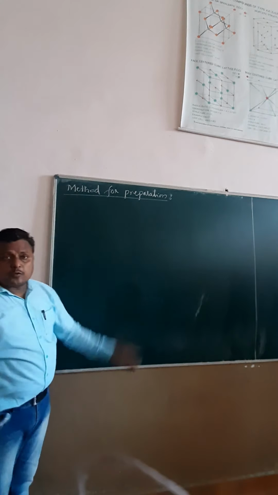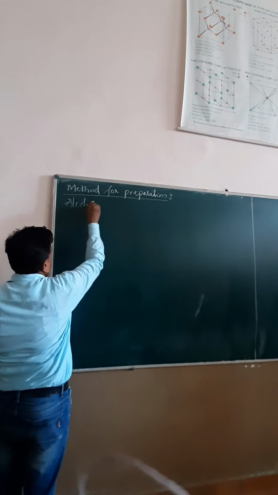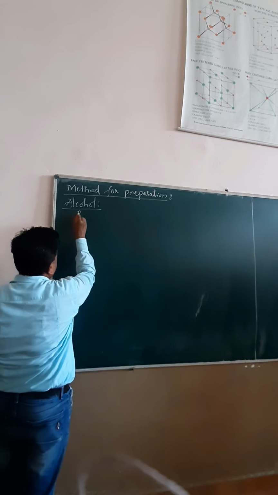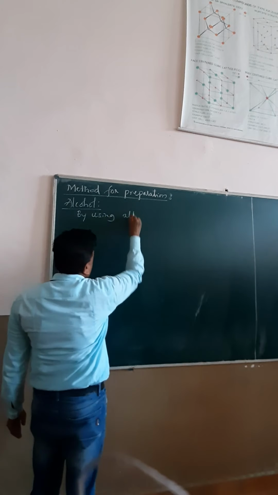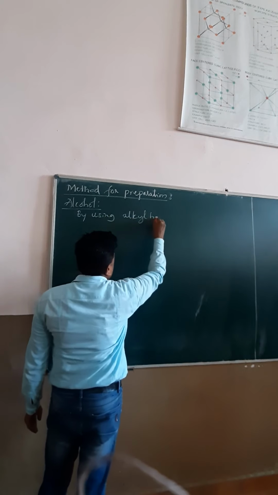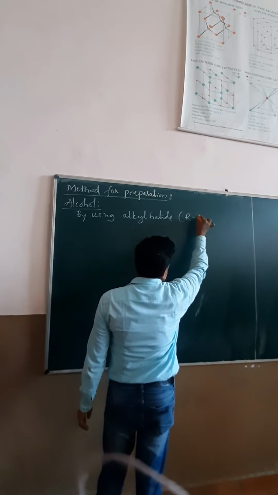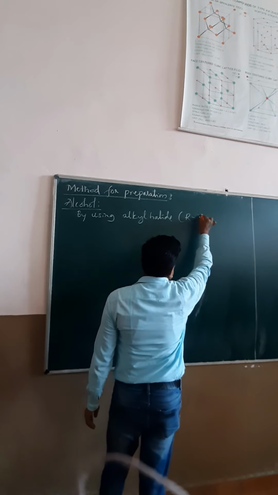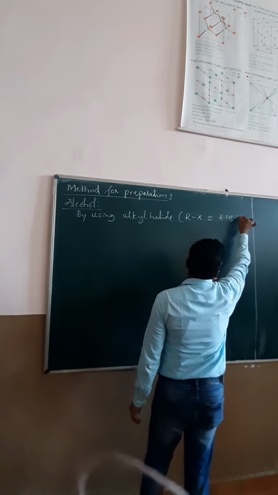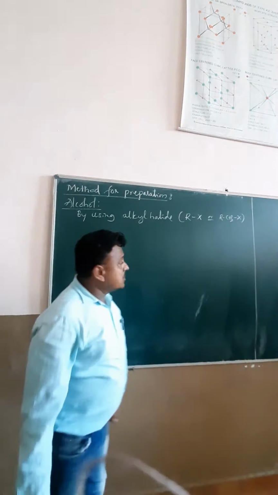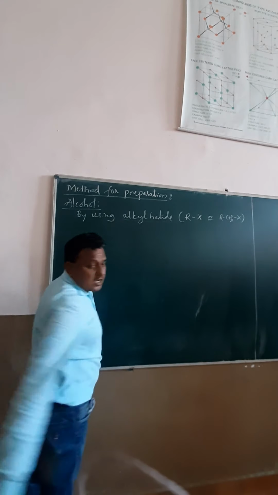In this method for preparation of an alcohol by using alkyl halide, I think all of you know from the last chapter, the alkyl halide general formula is RX, we also represent it as RCH2X. So how to prepare the alcohol by using alkyl halide?